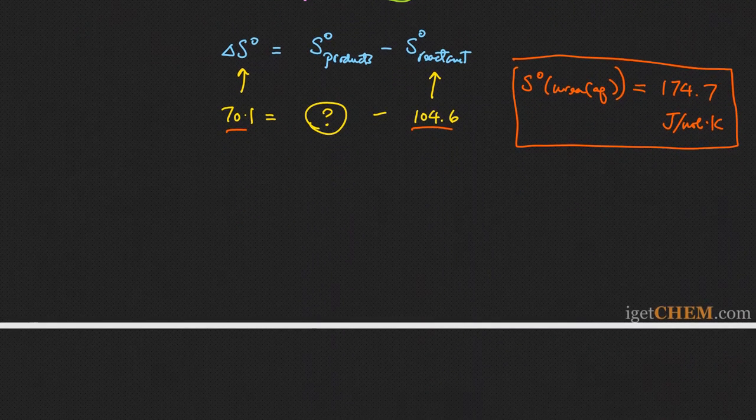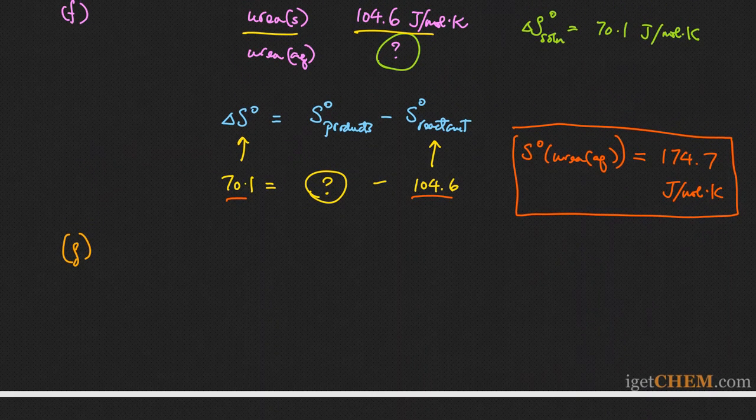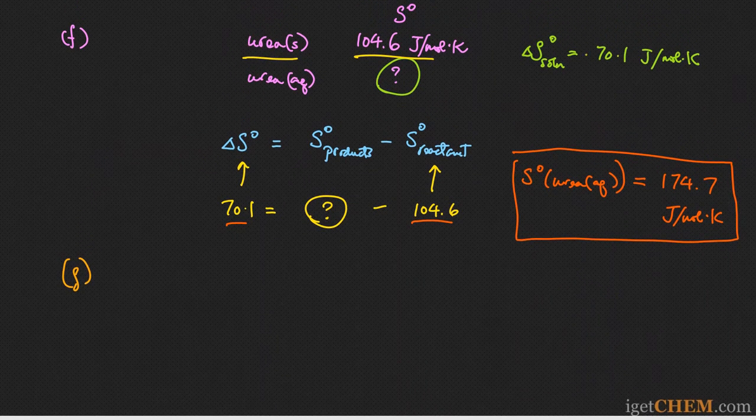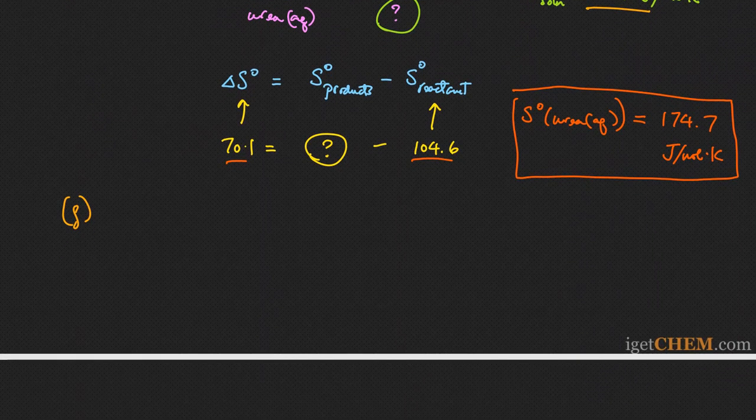So now part G asks you to explain why the delta S of this reaction is this way. So you see the delta S of this reaction is positive right here. And the question asks you to use particle level logic to explain that. That basically just means molecular level.